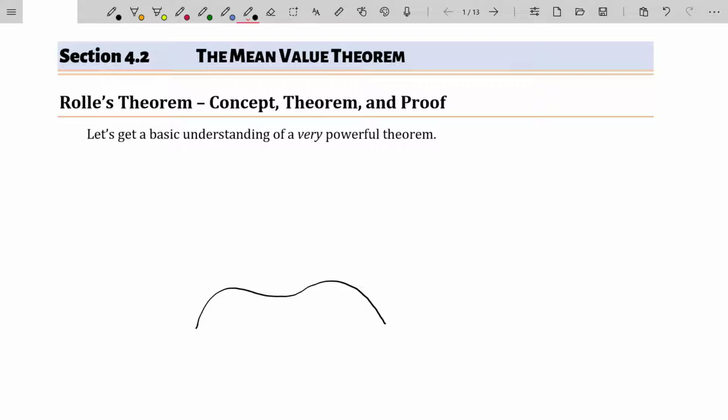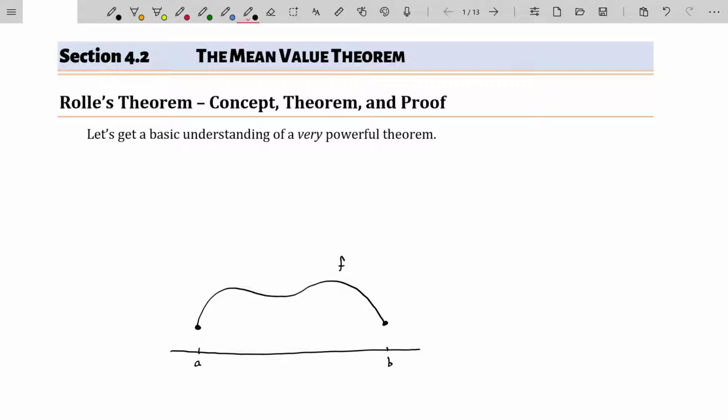Let's suppose that you have some function f, and it's continuous from some point A to some point B. I'll just say that is x equals A, and that last point is x equals B. Rolle's theorem tells us that as long as that function is continuous on that closed interval from A to B, and as long as it's differentiable, in other words, it doesn't have any kinks, cusps, or jumps, discontinuities, or anything like that. Well, it can't have any discontinuities because we just said it was continuous.